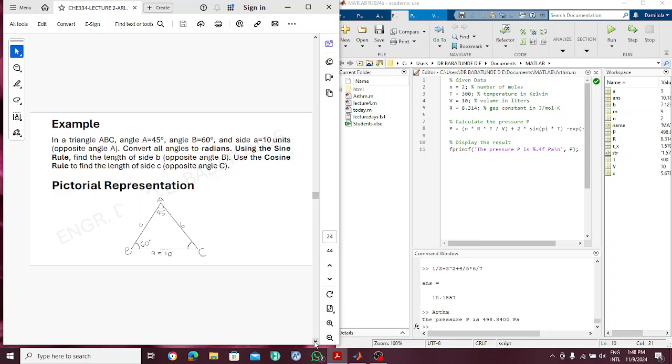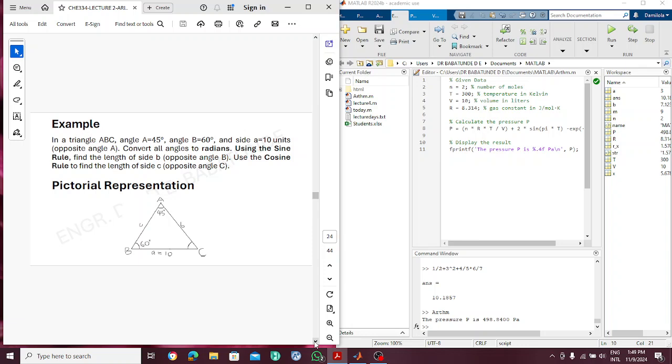So we have a simple question here which I believe you can relate with. It's about a triangle that has angles capital A, B and C. So we know triangles have 3 angles, and we expect that the sum of the 3 angles should give us 180 degrees. So those are the facts that you will know.